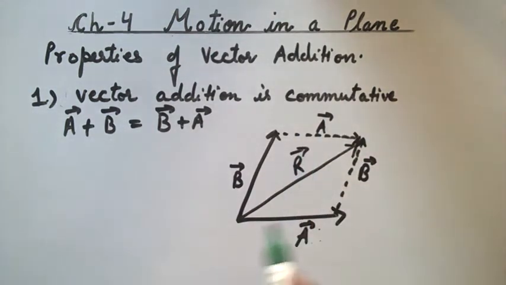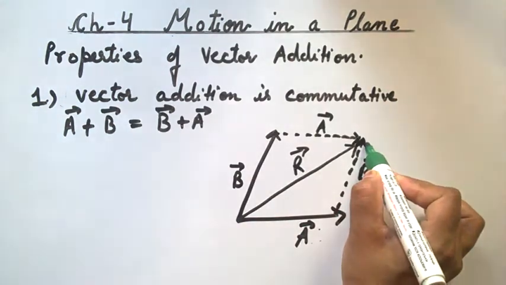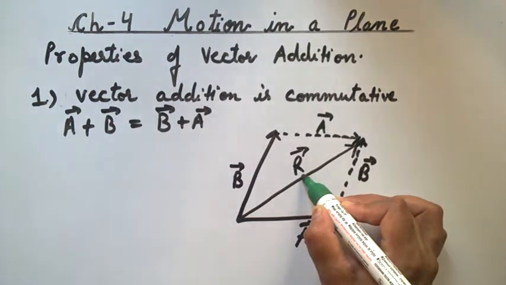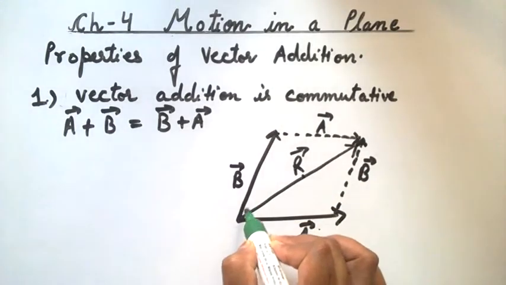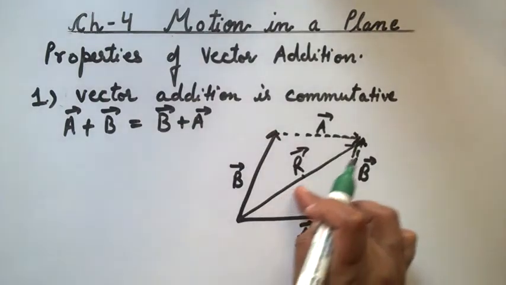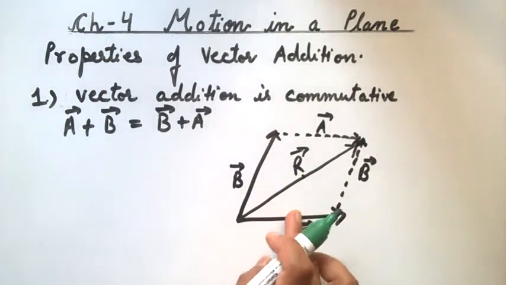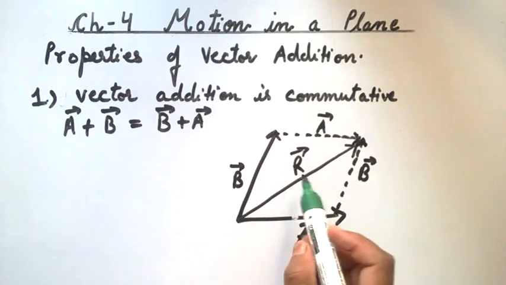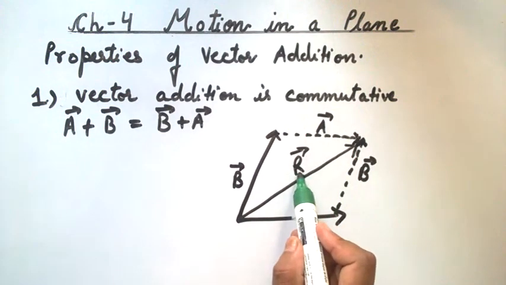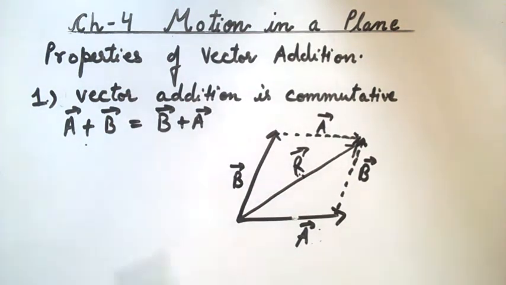So if we add A vector plus B vector, it gives R vector. Similarly, if we go this way, B vector plus A vector, it follows another triangle. So these are two triangles by which we get the same resultant, R vector. Therefore, A plus B is equal to B plus A.